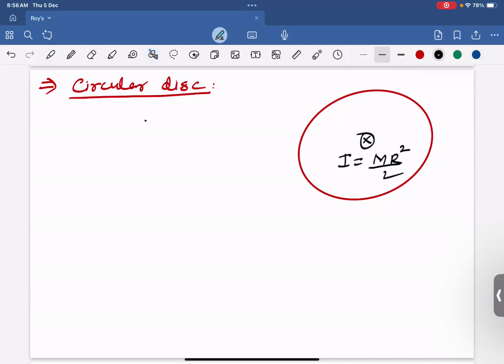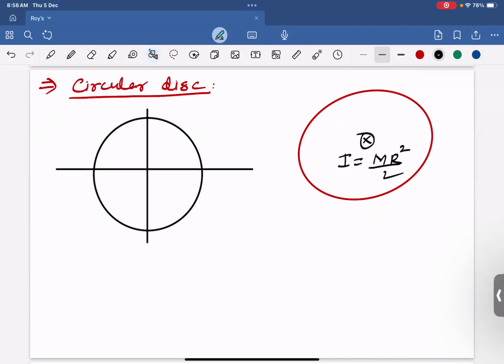If I take a disk here and the axis is its diameter, it can be like this or it can be like this. Any diameter it can have. That means about these diameters, moment of inertia is half of this, mr square by 4.